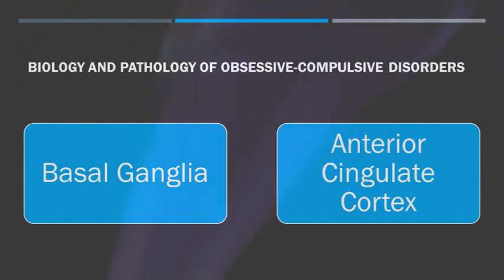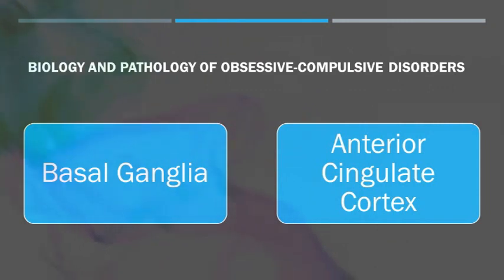So error detection and decision making, as well as some emotional processing. And so some dysregulation in the anterior cingulate cortex can lead to excessive rumination and an over-focus upon perceived mistakes, which are often characterized in things like OCD.